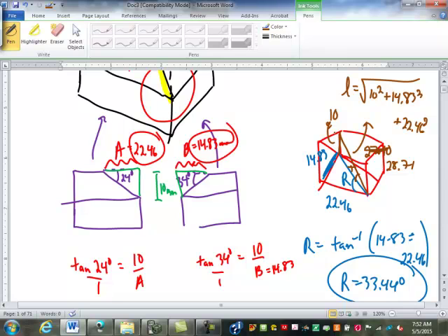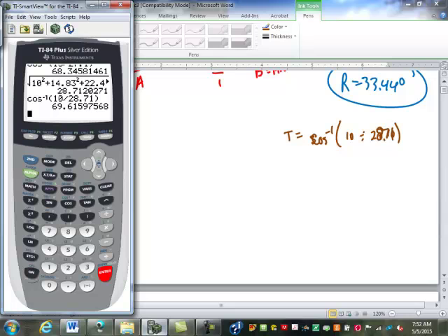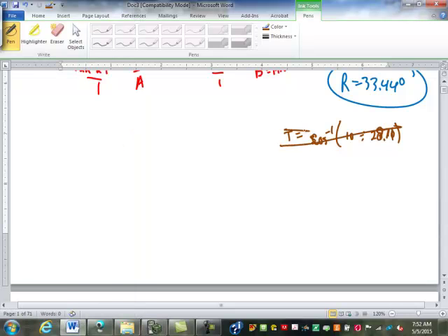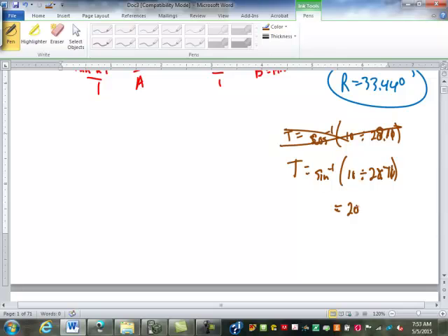So it should be inverse sine. When we were looking for this angle up here, it was inverse cosine, because then it was the adjacent side. So what we just found, that 69 degrees, was that top angle. So T should really be the inverse sine of 10 divided by 28.71, which is going to be 20.38 degrees. Correct? That's T. Not so bad.